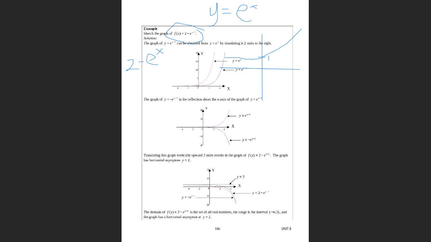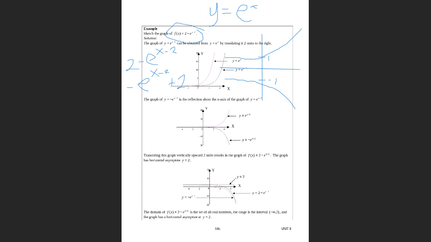But you are the one who is supposed to know that it's the same as minus e to the x minus 2, plus 2, which simply means that this graph is going to reflect on the x-axis first, to become something like this.